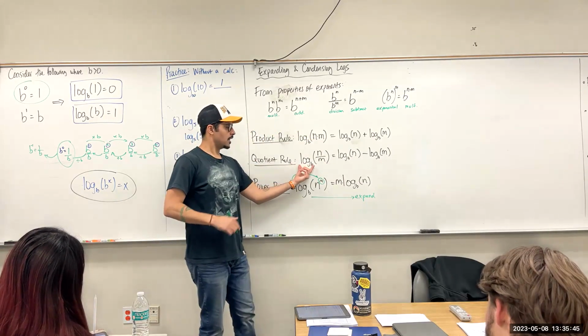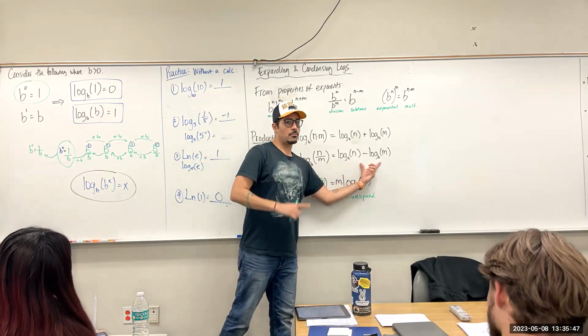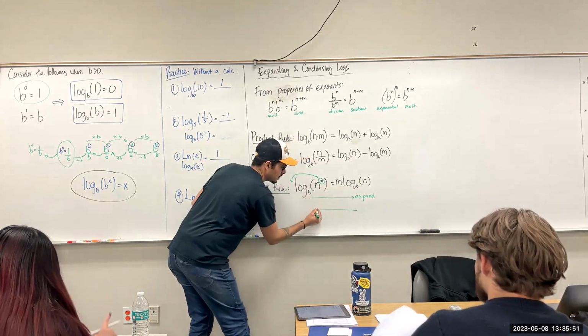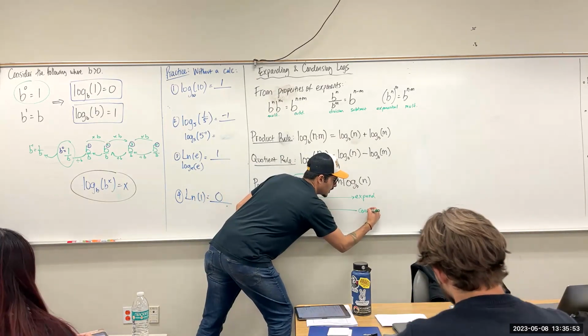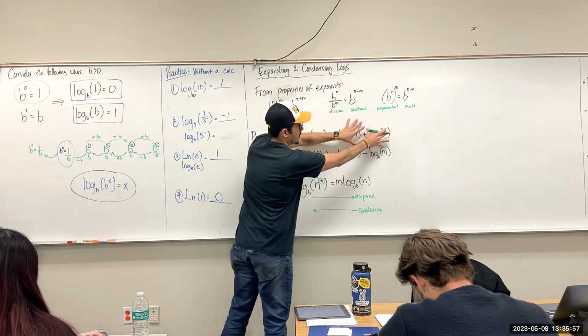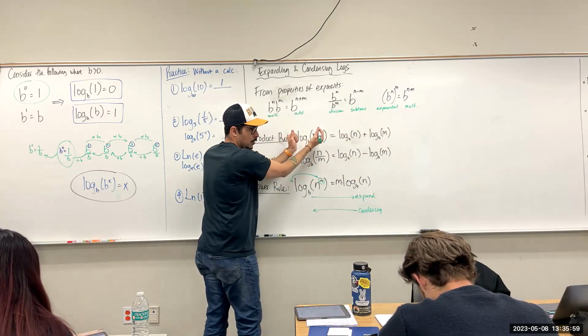You're going from something that has one log to something that has multiple logs. If you go the other way, that's called condensing. Something that has multiple logs, I'm condensing so that I write it with only one log instead.